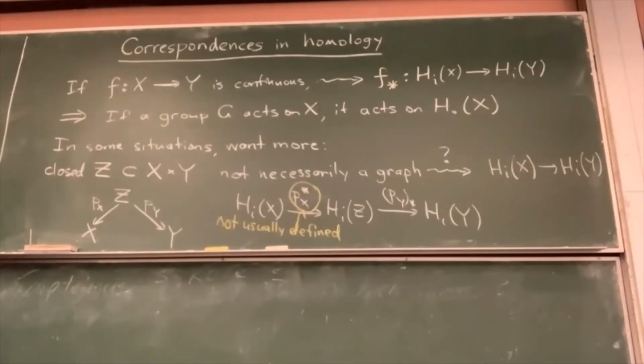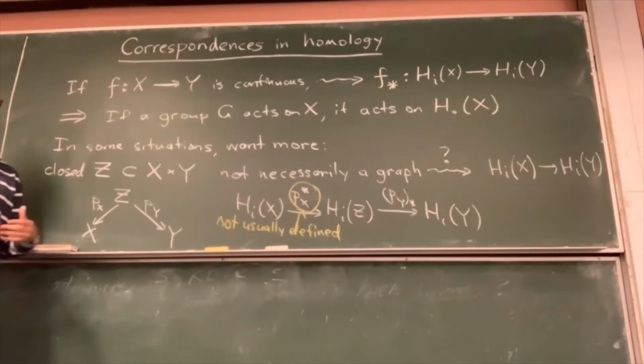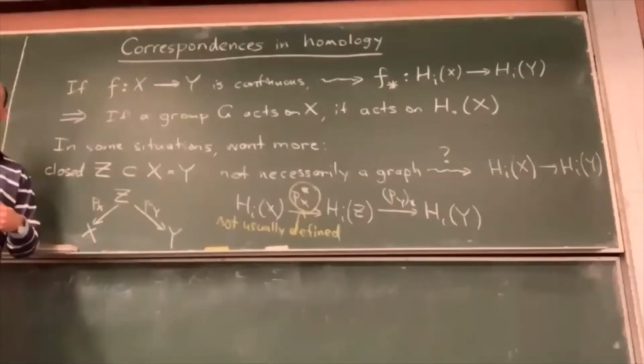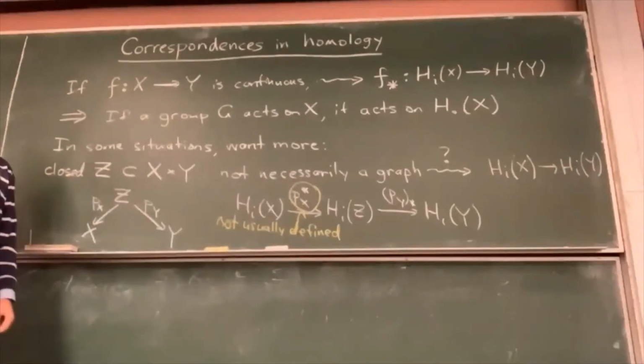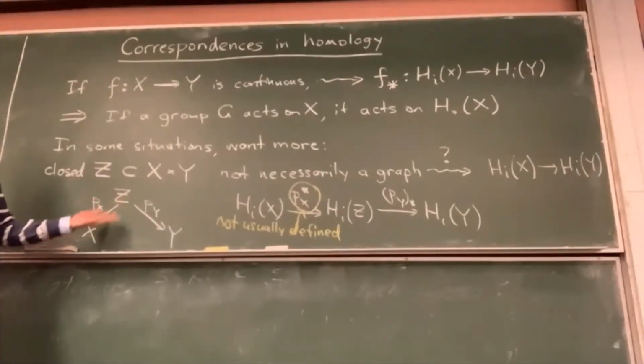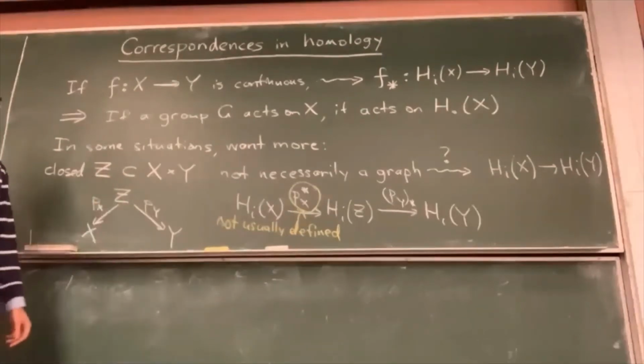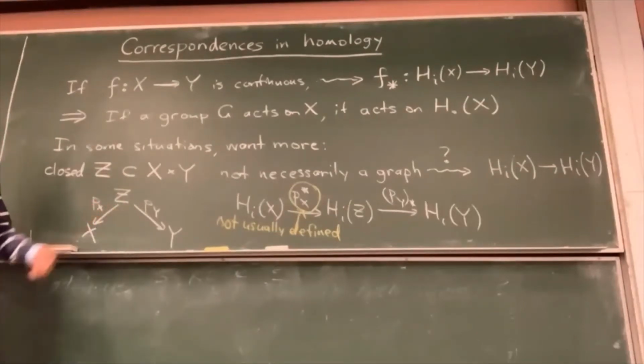Instead, what I'm going to describe is that in a suitable homology theory, you can have push forwards with respect to some maps and pullbacks with respect to some maps, and that's enough to make this sort of diagram and construction make sense with some assumptions on the spaces X, Y, and Z, and these maps.